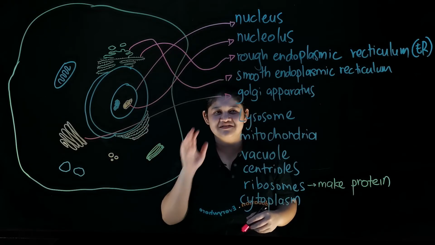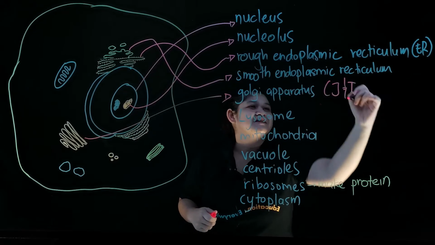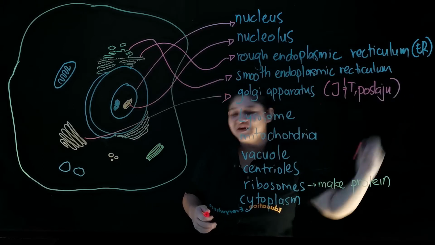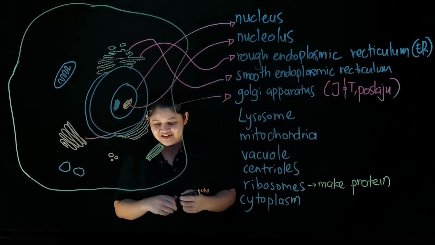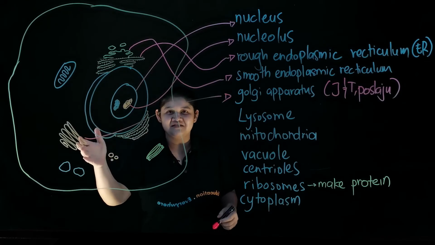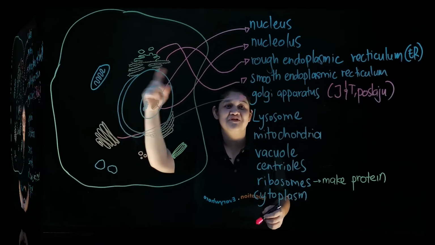The Golgi apparatus is simple. It's like your J&T, like your Pos Laju. What it does is process and package protein to be used inside the cell and also outside the cell.